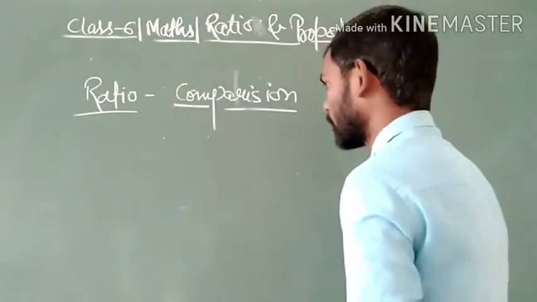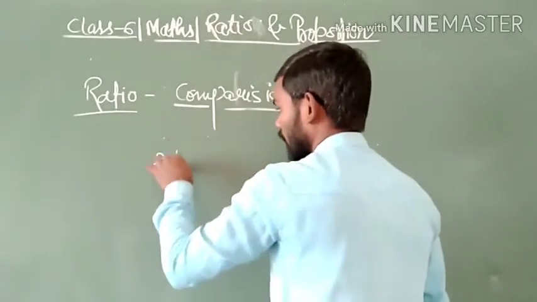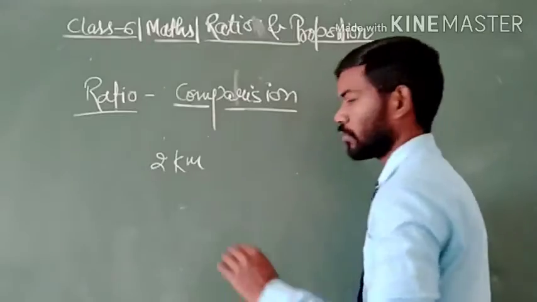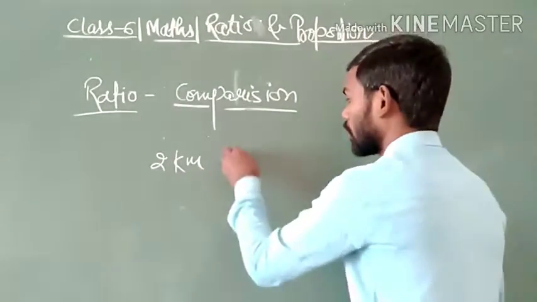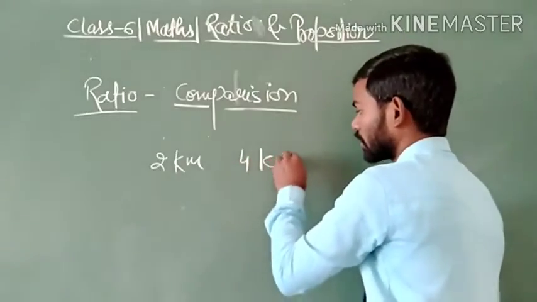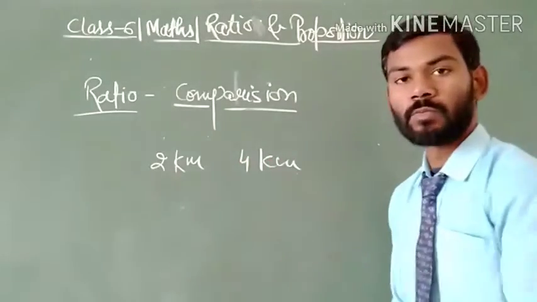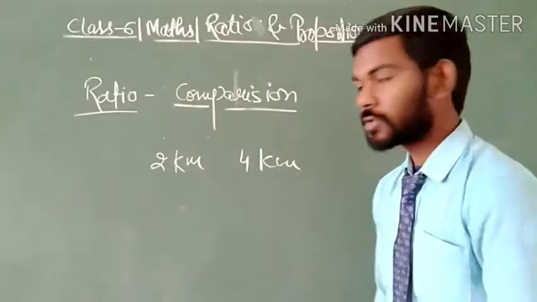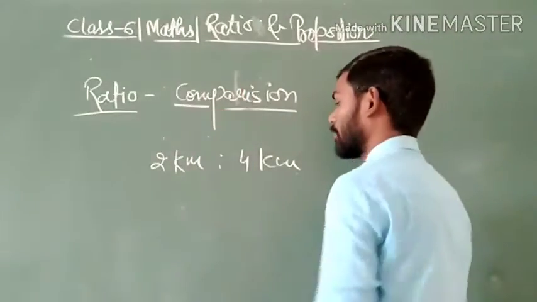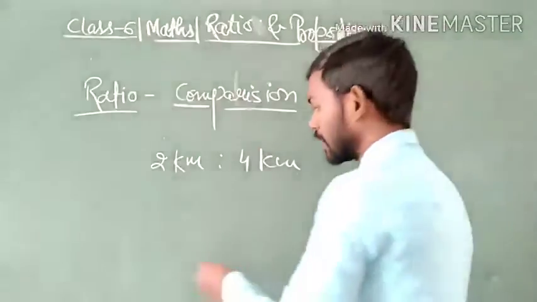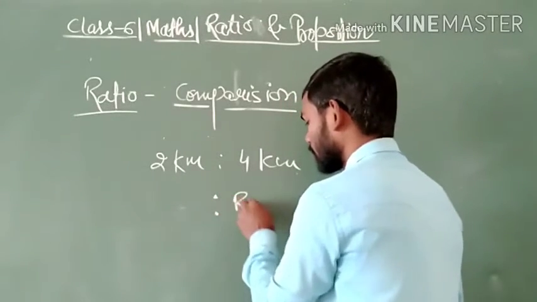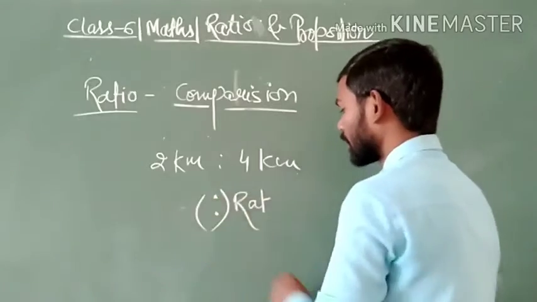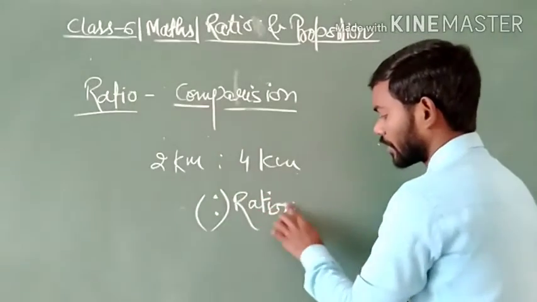Suppose I walk 2 kilometers and my friend walks 4 kilometers, then how much more did he walk? Here we use the concept of ratio. This sign represents ratio.